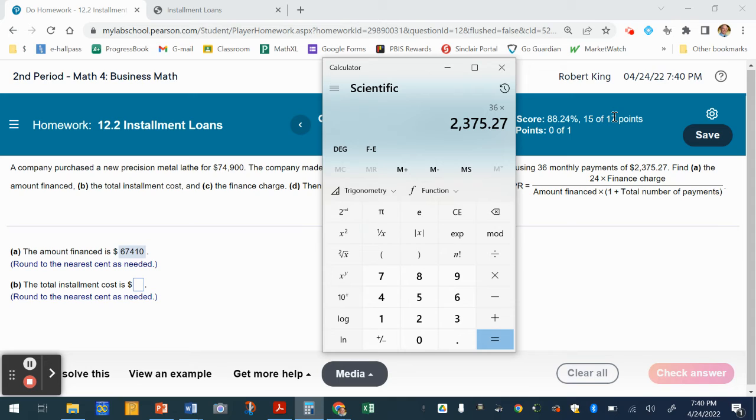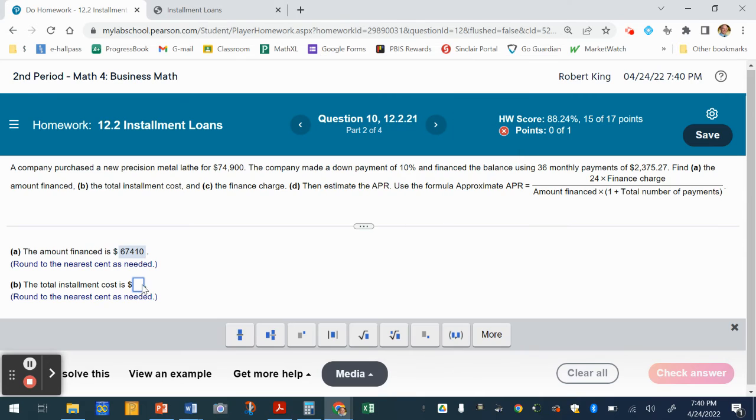And then we got to add in that down payment, which is the number that I told you to write down earlier, 7,490. And that's our total cost for this machine that we're purchasing, $92,999.72. How many cents? 72.